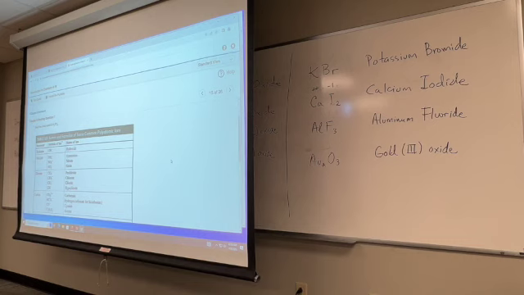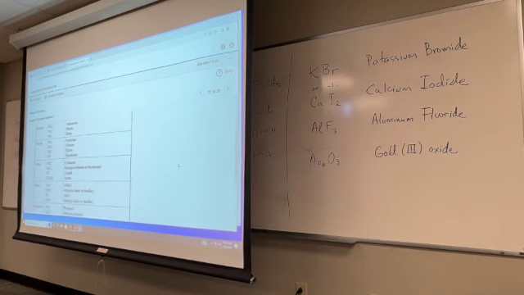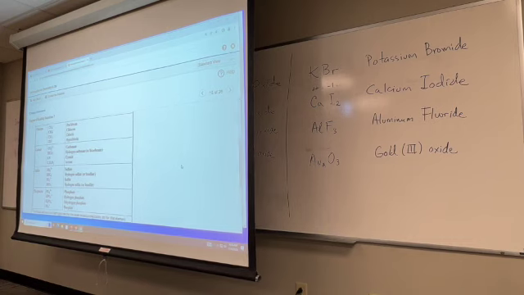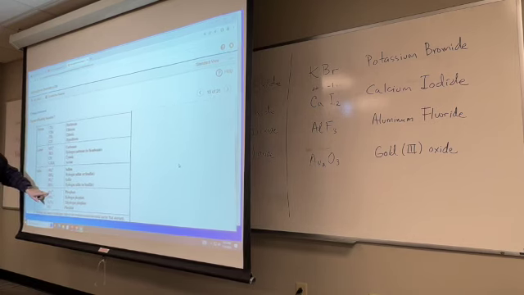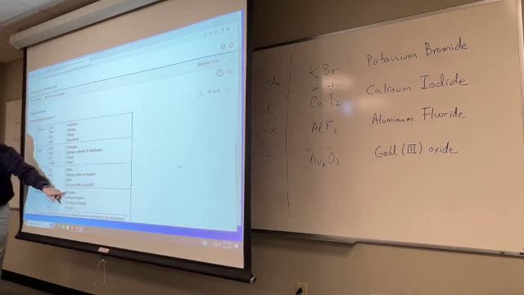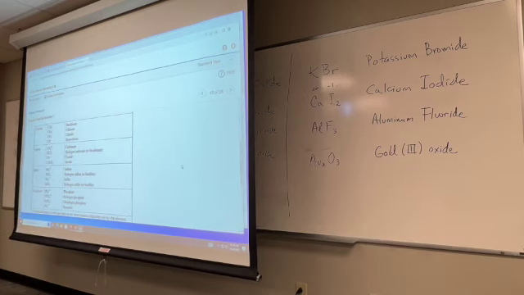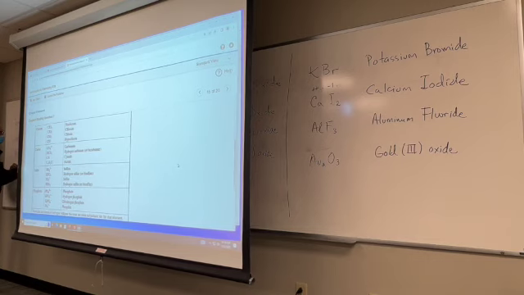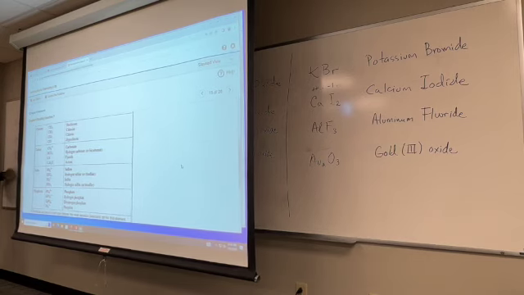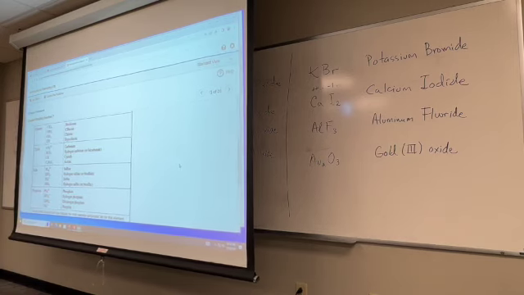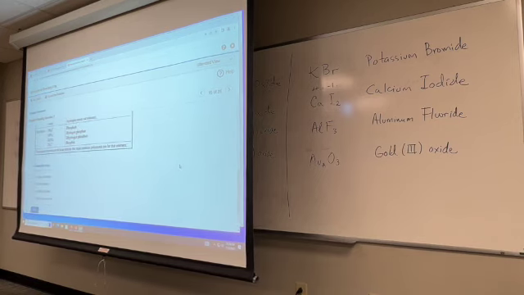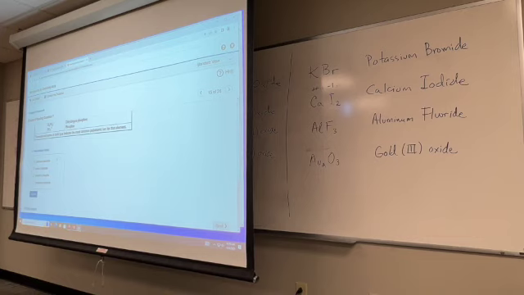Let's see where's, oh, there it is. Right there. And the name of that ion is phosphate. So we're just going to say potassium phosphate. And that's it. No more. And that's one of the choices.